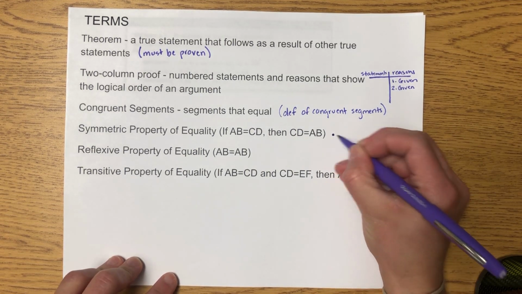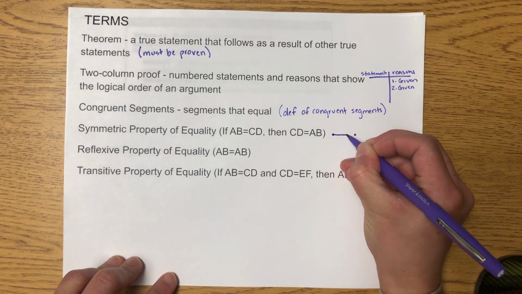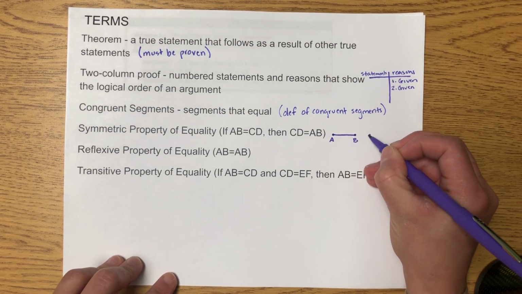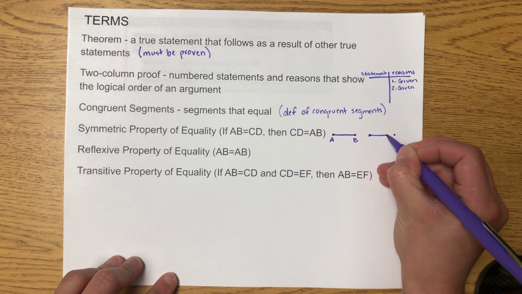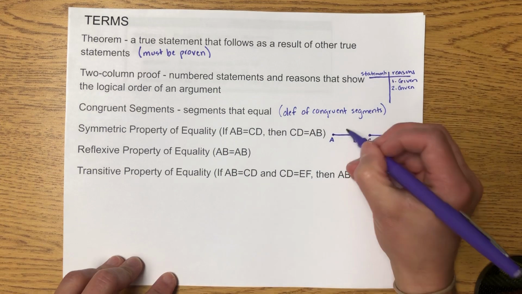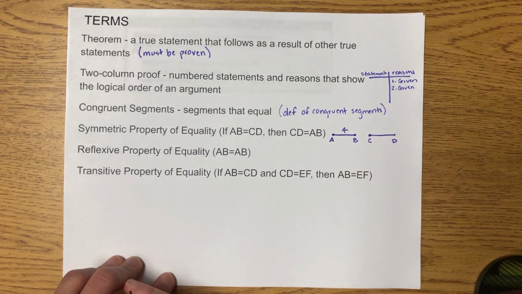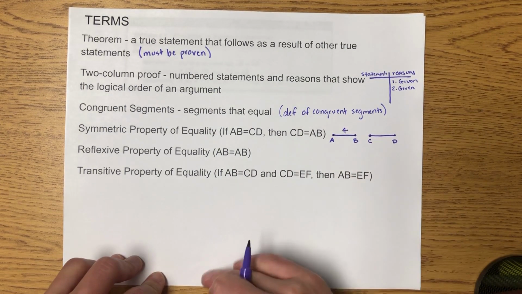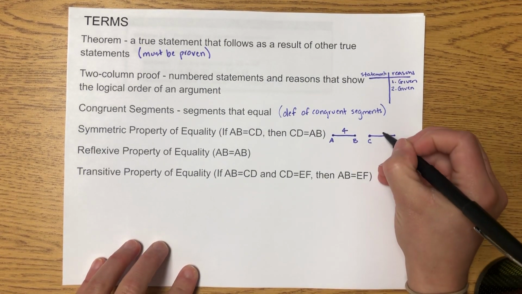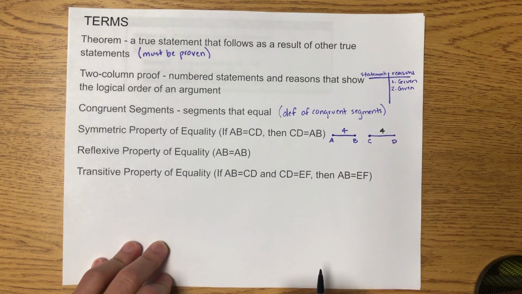So basically, if we have a line segment AB, and we have another line segment CD. And we say that the line segment AB is 4, and AB equals CD. Well, if we know that AB equals CD, then we can assume that the line segment CD is also 4.